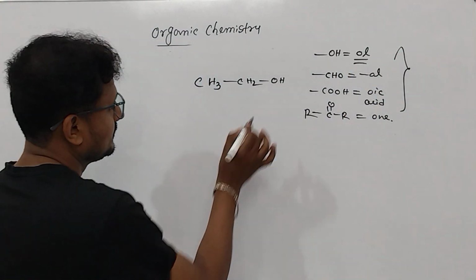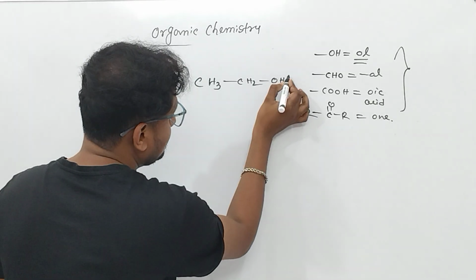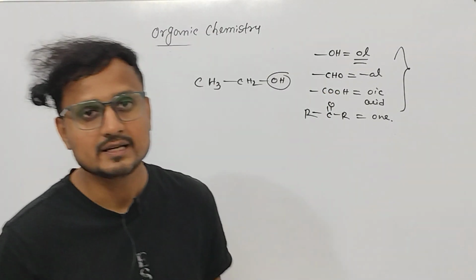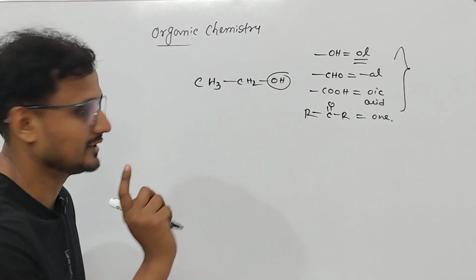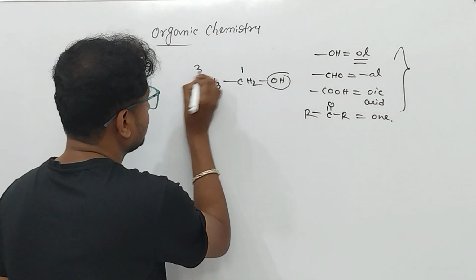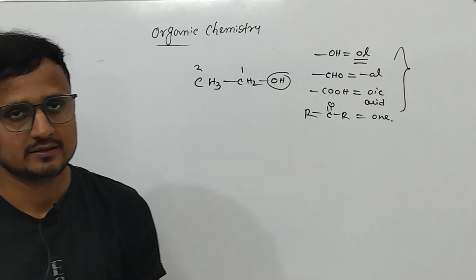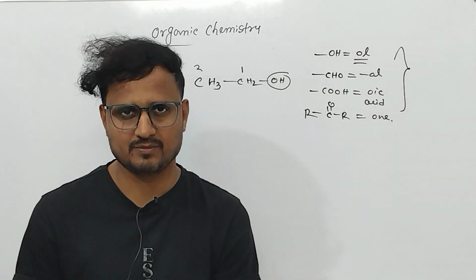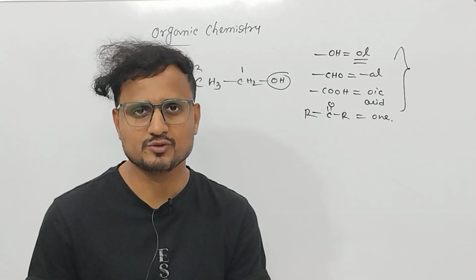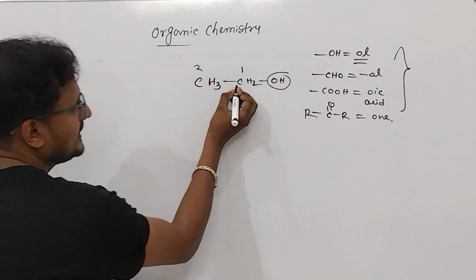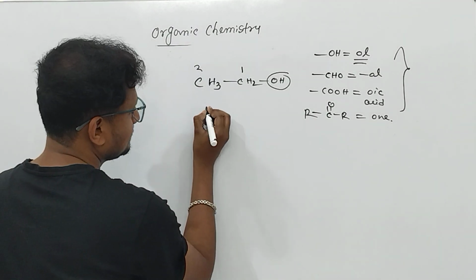Okay. Now the carbon that has the OH group should be numbered with the least number. So that should be 1. It should be 1. It is the rule. The carbon which bears a double bond, triple bond or functional group should get the least number. So, how many carbons are there? 2 carbons.